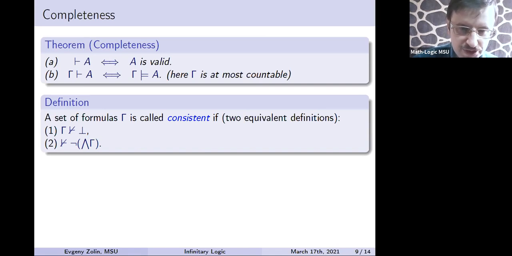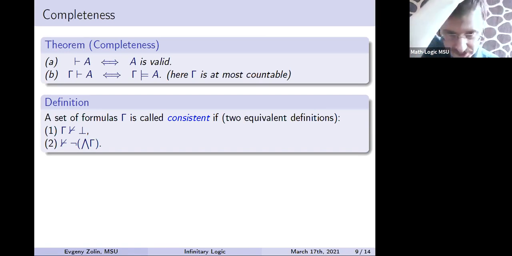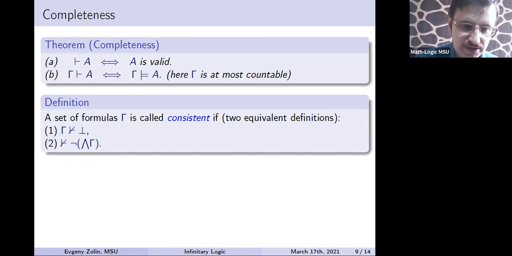Because in the usual logic, we were able to build a maximal consistent set by using the Lindenbaum lemma. Every consistent set is contained in some maximal consistent set. We add the formulas one by one, and then take the union and obtain the consistent set.